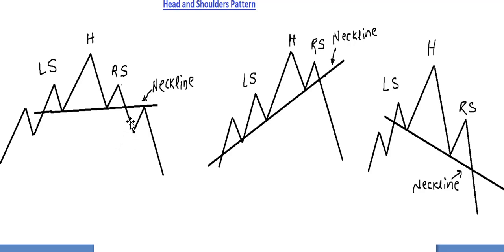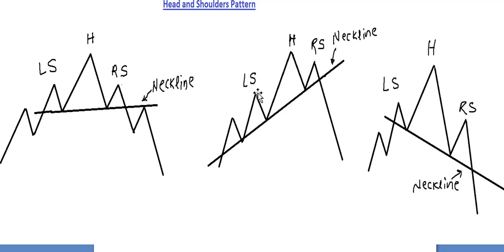Now what happens sometimes when the neckline is broken, we get some sort of pullback till this neckline, and from there this neckline acts as a resistance, okay? And the trend continues to the downside. So this is one more kind of Head and Shoulders pattern where we have higher highs, and then we get a lower high, right?